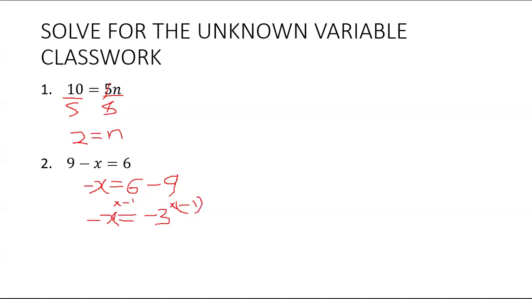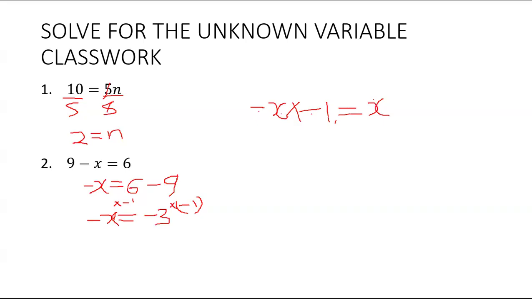So you'll end up having negative x times negative 1. It gives you negative times negative is positive. And x times 1 is just x. Remember, whatever you multiply by 1 is whatever.